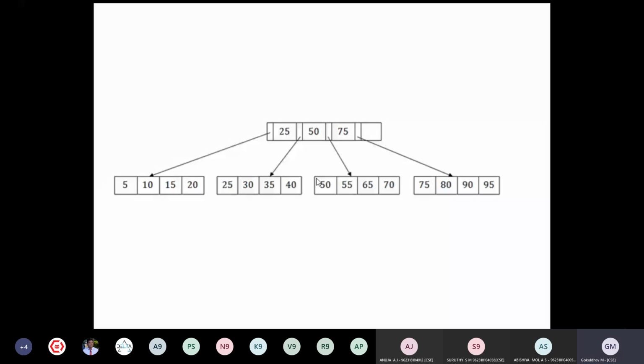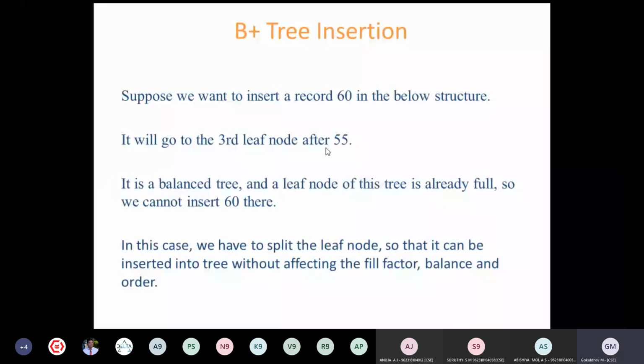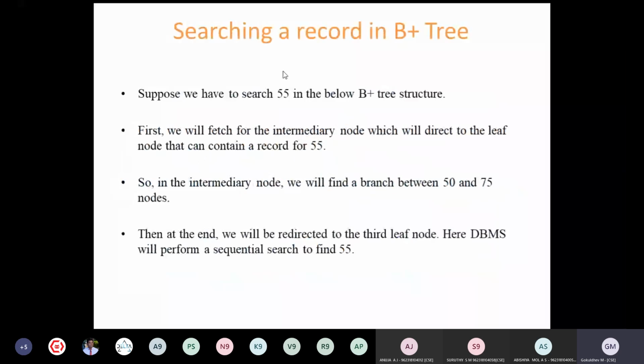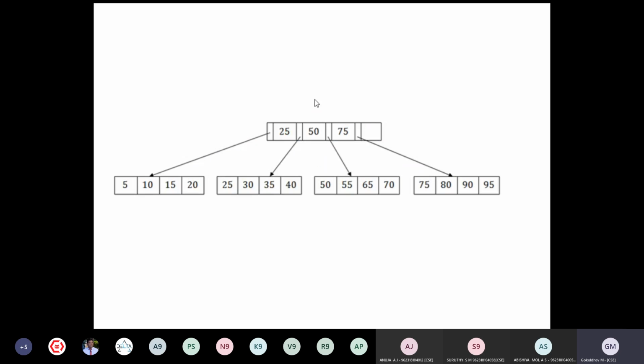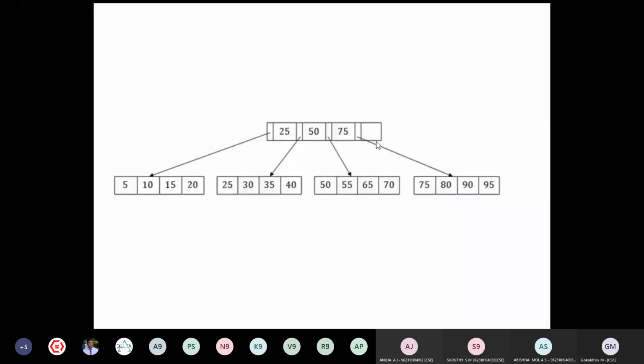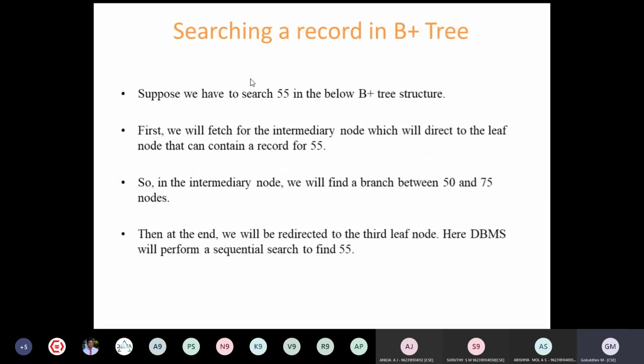Then suppose you want to insert a record 60 in the below structure. Here you should understand that searching, insertion, deletion, everything is very common, and you should try to correlate with what you used to perform in normal physical records: insert operation, deletion operation, updation operation. That's what we are also dealing with here, right?